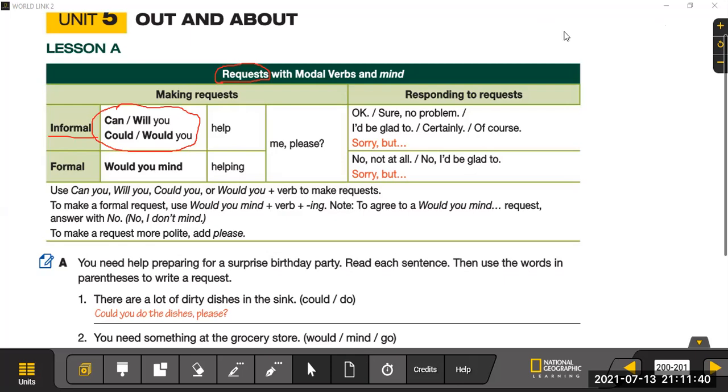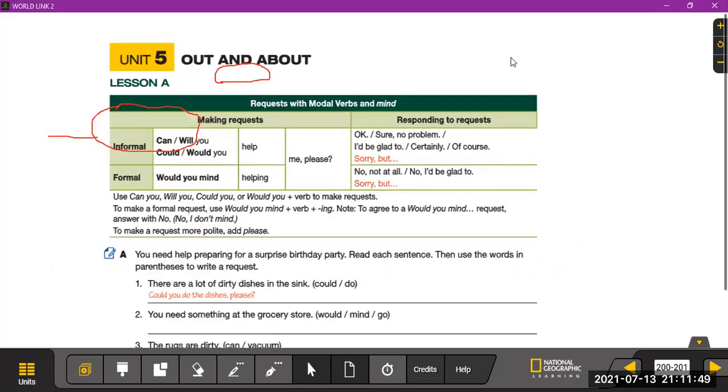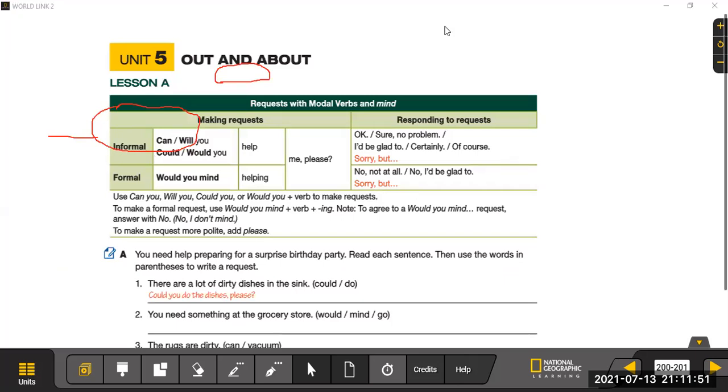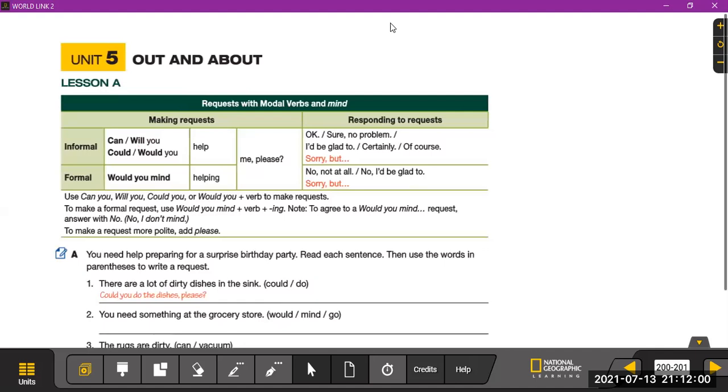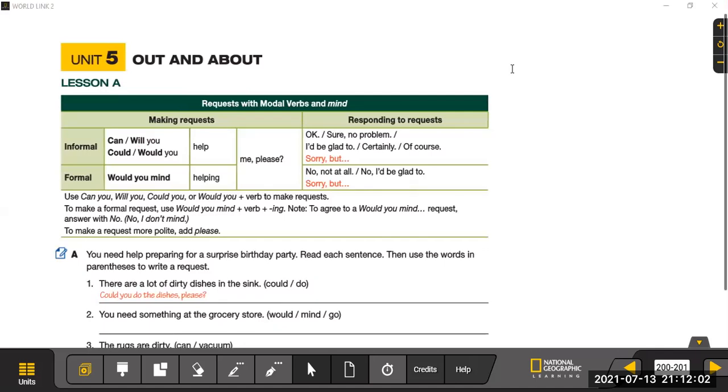They are informal because when you use them, it's like when you use them with your family, maybe with your friends, with people that are close to you. I'm going to write it here. Can you help me, please?